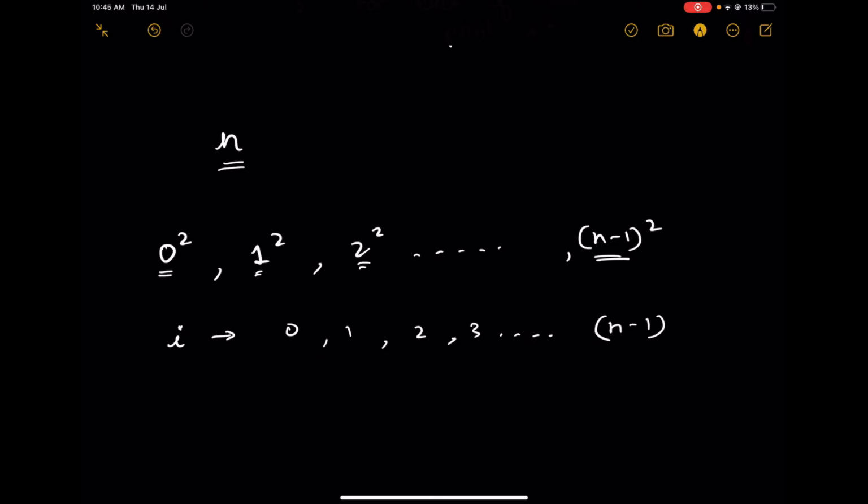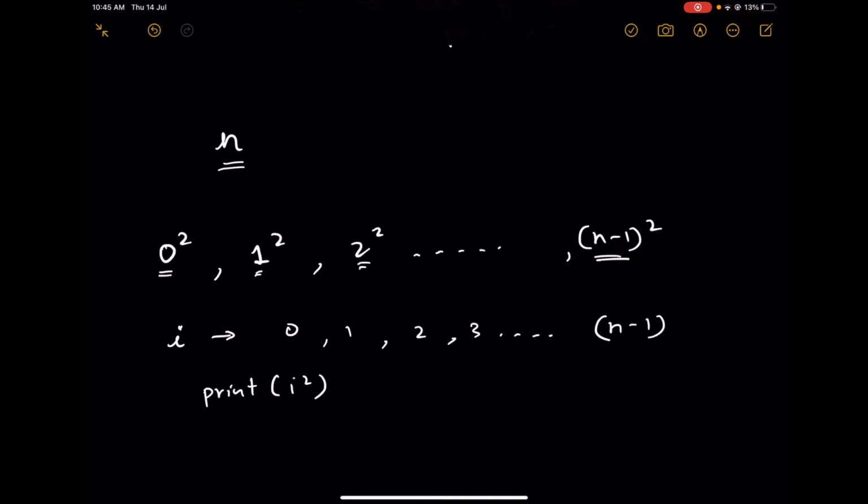Once I have such a variable that takes these values one by one, I can simply print i square, or i into i. So that should solve my problem.